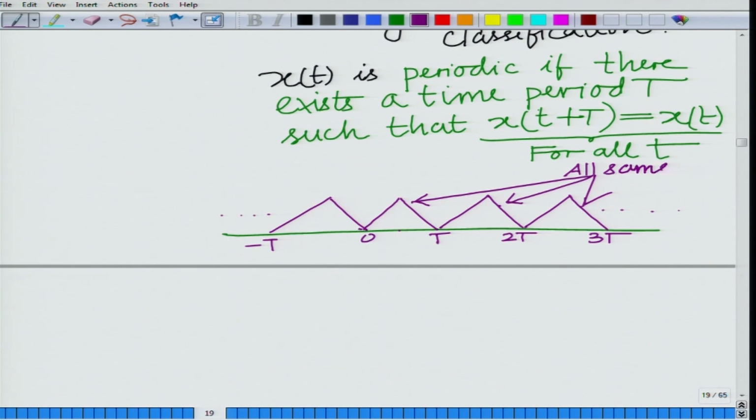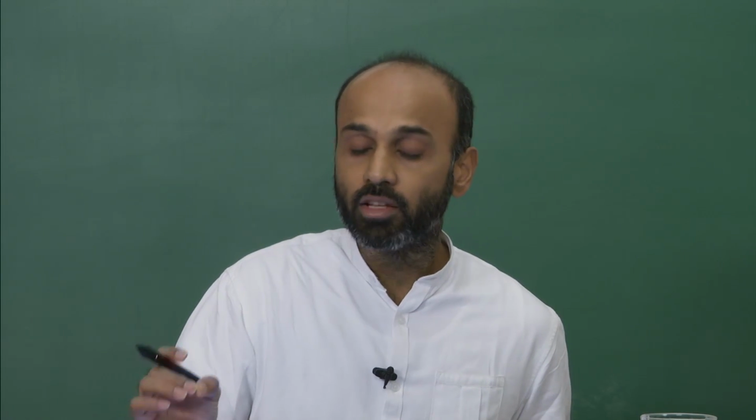For any t, if you look at values capital T apart, they are all the same. So, for any small t, x of t is equal to x of t plus capital T, where T is known as the period, and this holds for all time instants t.